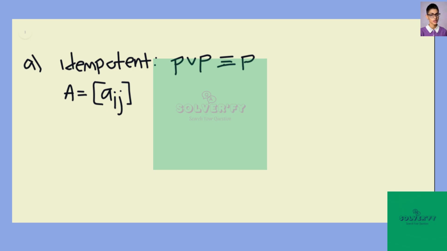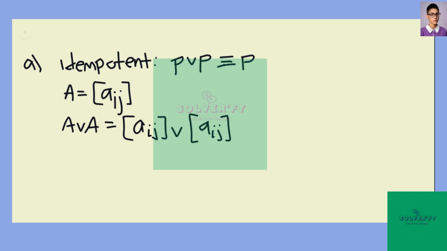So if we take the matrix A or A, now remember, if you take this operation, we're doing it component-wise, right? So we would be taking the ijth element of the first one. We'll take that with the ijth element of the second one. So we're saying for each element of A, we're Aij or Aij.